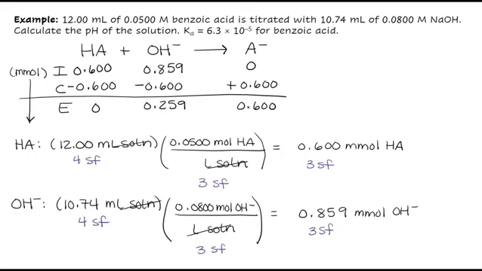Let's evaluate the E row of our millimole table. We have no HA remaining, but we do have titrant, which tells us we have excess titrant, and that is after the equivalence point.